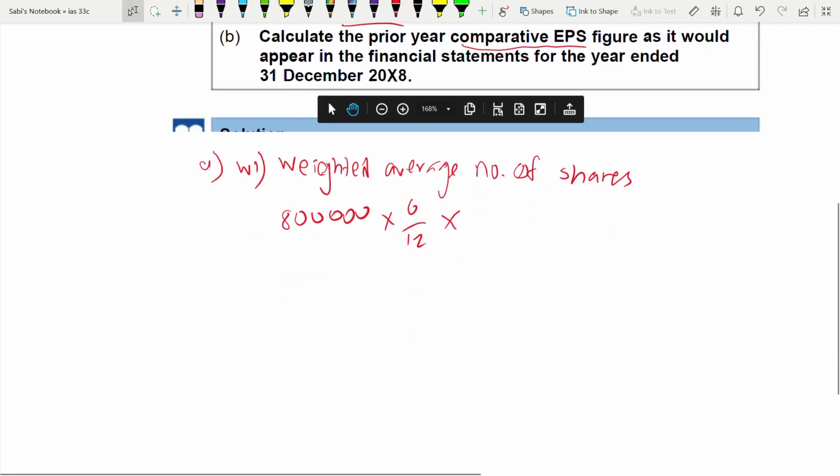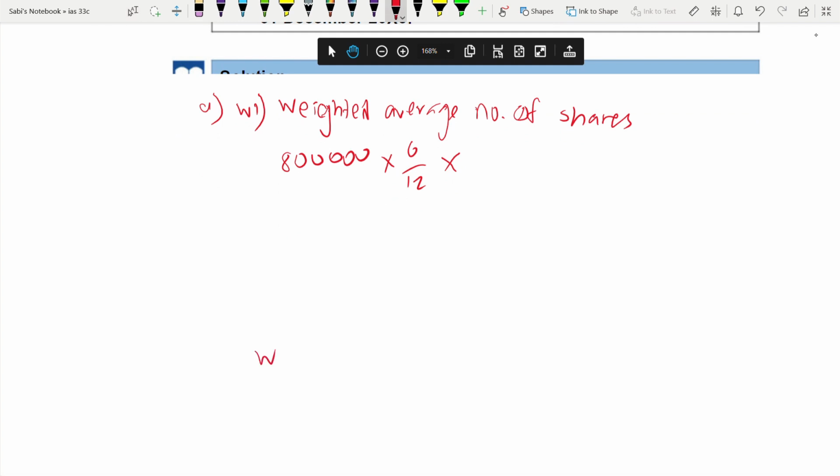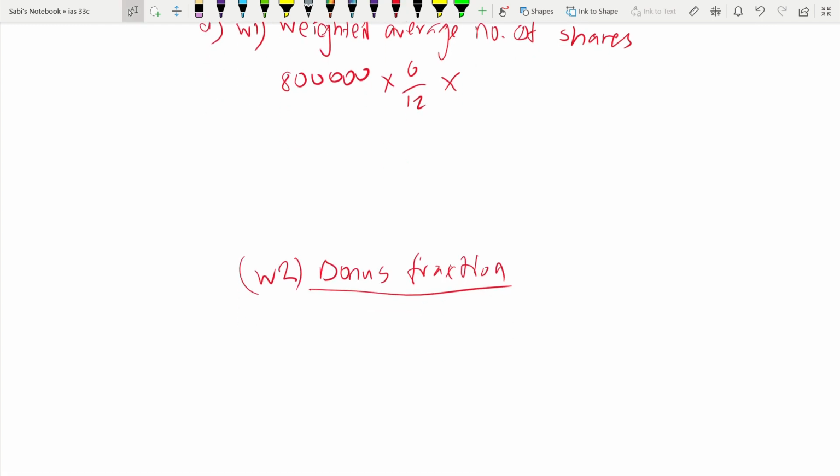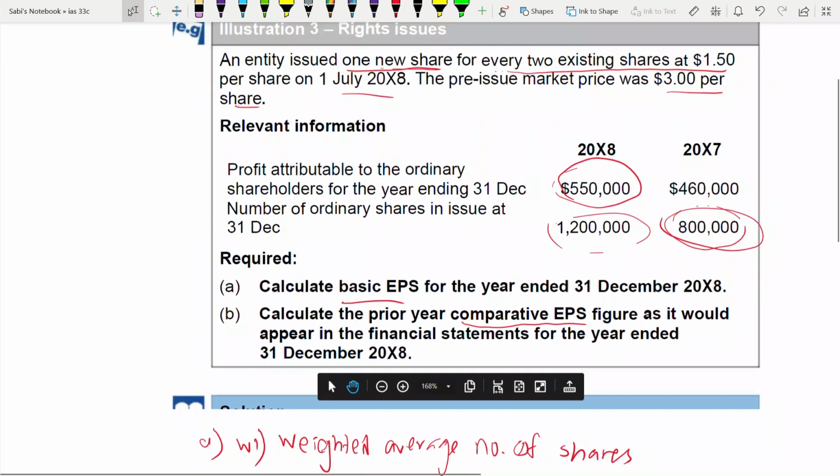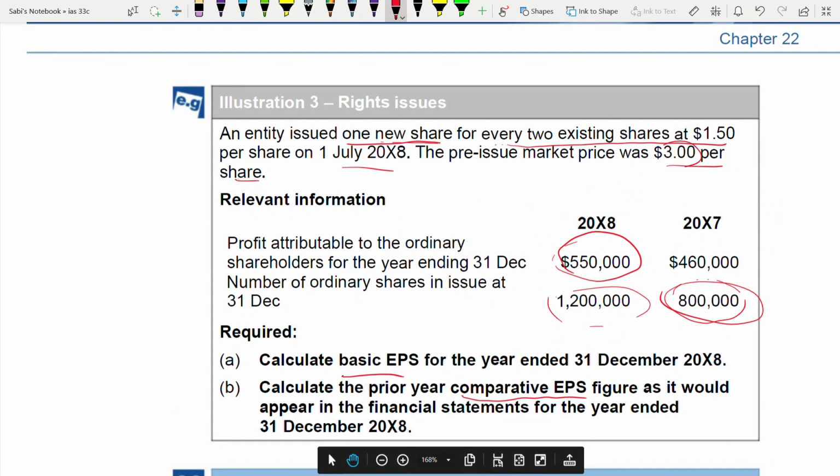Okay, so we'll keep some space and we'll go to working 2. This is bonus fraction. So the bonus fraction is market price before the right issue divided by theoretical market price after the right issue. So before the issue, the market price was 3, and after the issue, how much it will be?